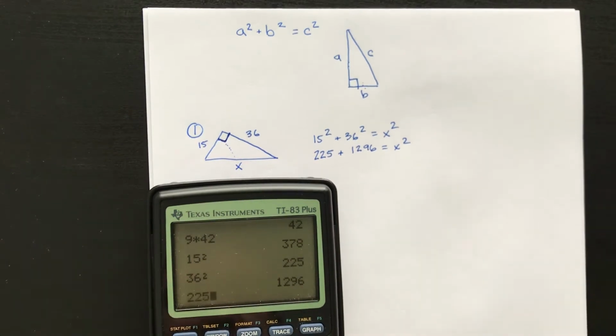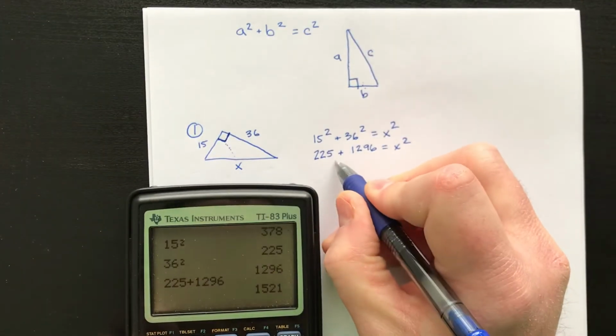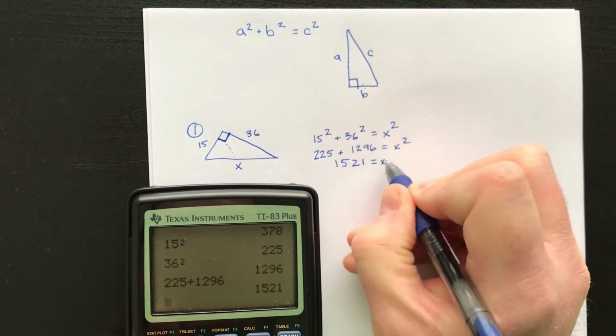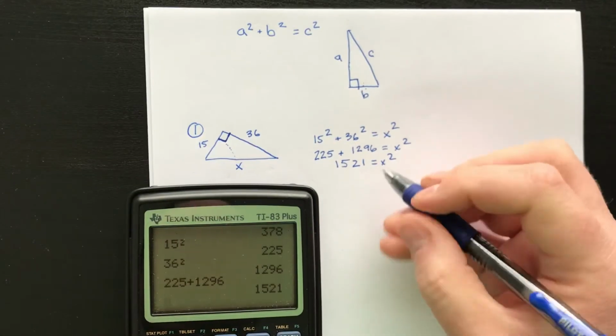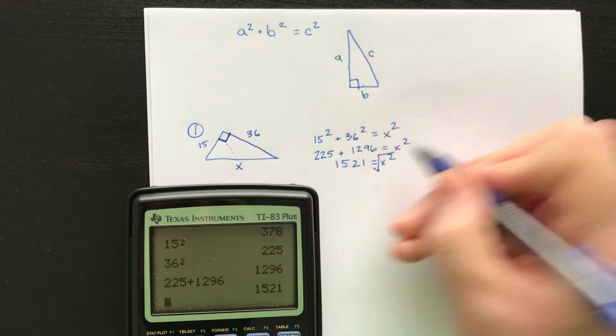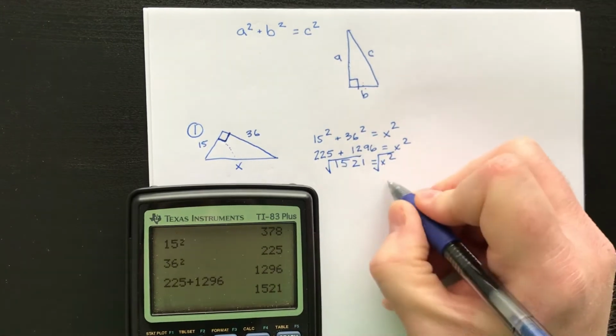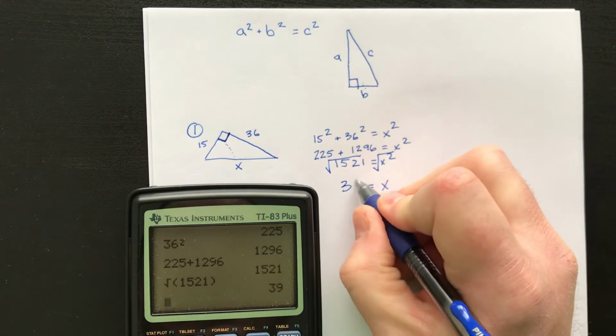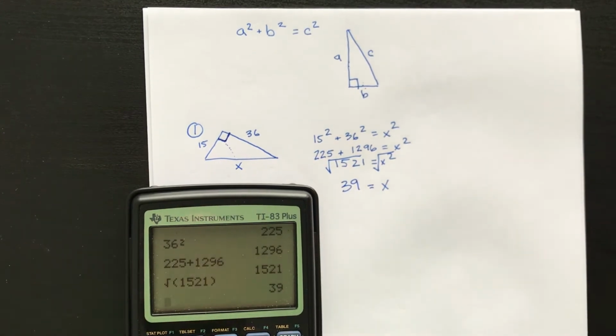So I'm going to add 225 plus 1296. I get 1521. And then the last step, square root both sides. The square root of x squared is x. The square root of 1521 is 39. So x is equal to 39.